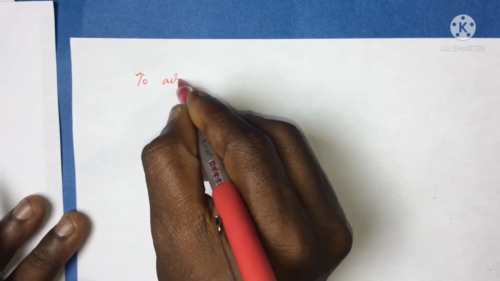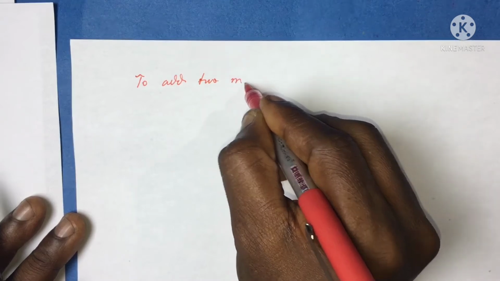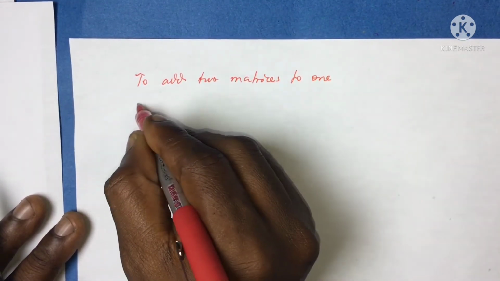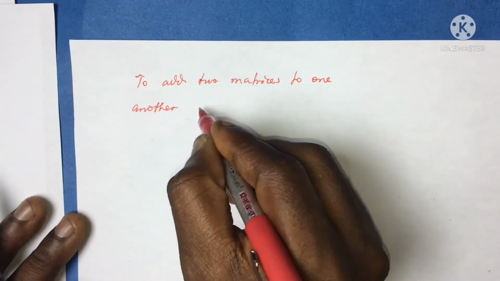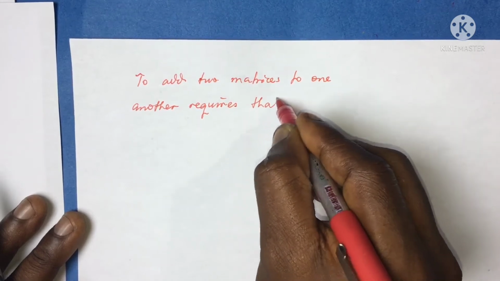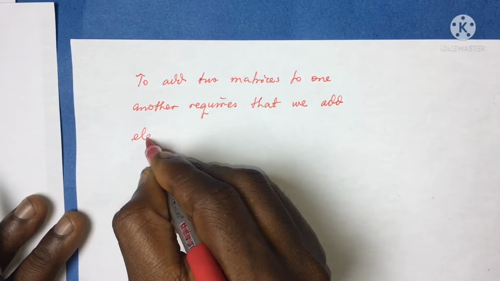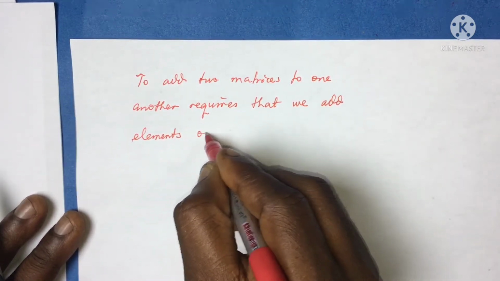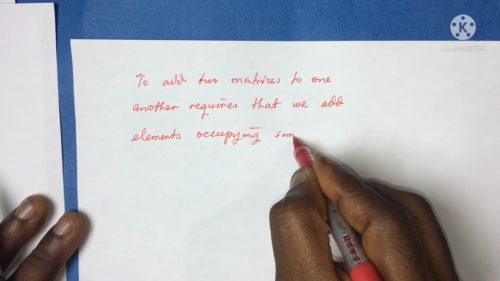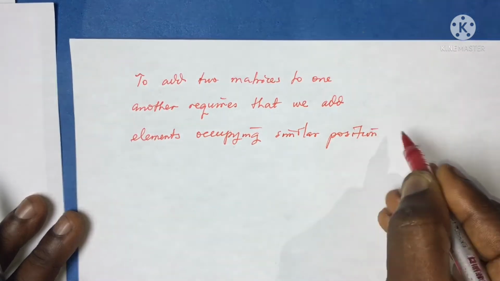To add two matrices to one another requires that we add elements occupying similar positions in both matrices.